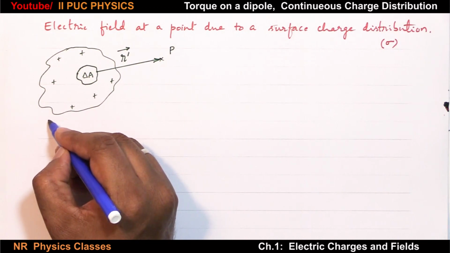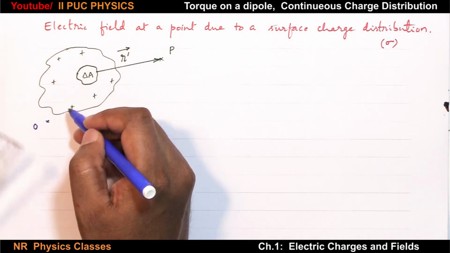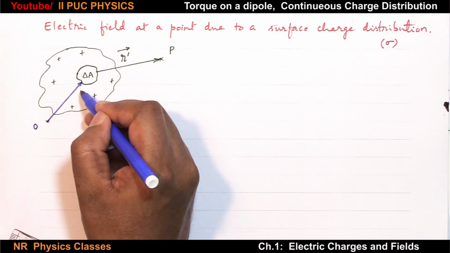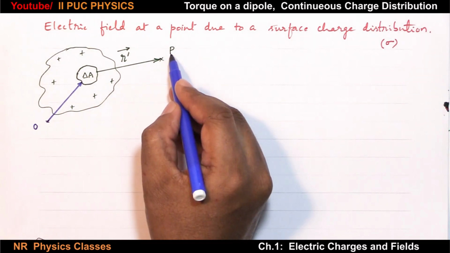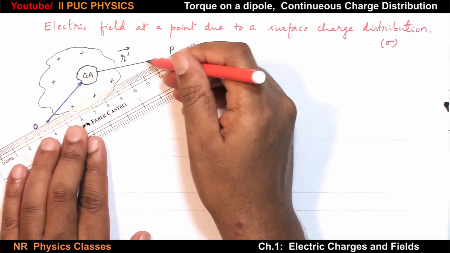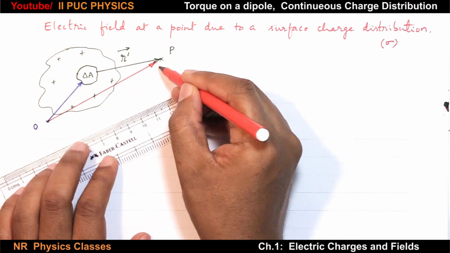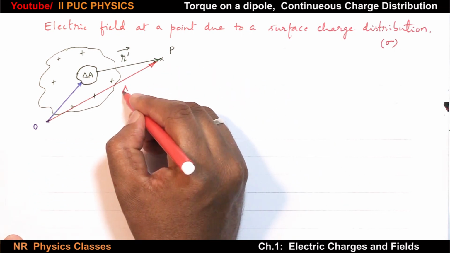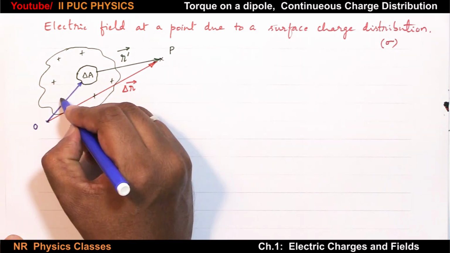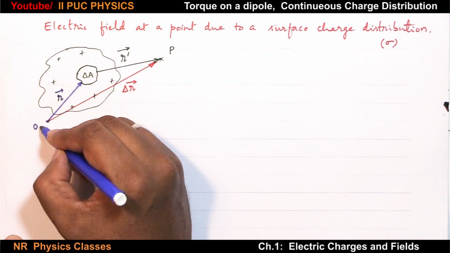This is some origin O. What is the position vector of delta A from this origin? And P from O, the position vector of P from O, this is delta R. This is R. R is the position vector of delta A from the origin.